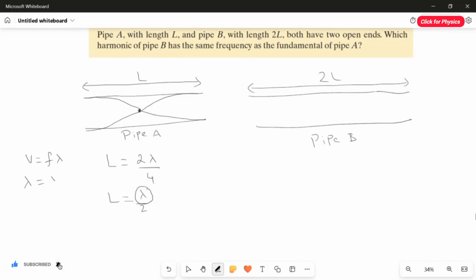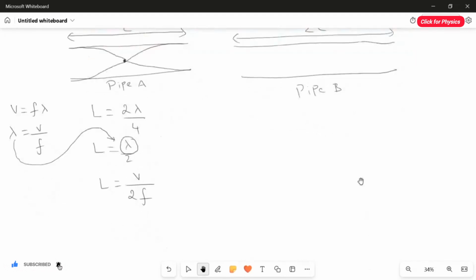Therefore, lambda is equal to speed over frequency. When you substitute here, you'll get L equal to V over 2F. Therefore, the fundamental frequency of pipe A is equal to V over 2L. This is the fundamental frequency.